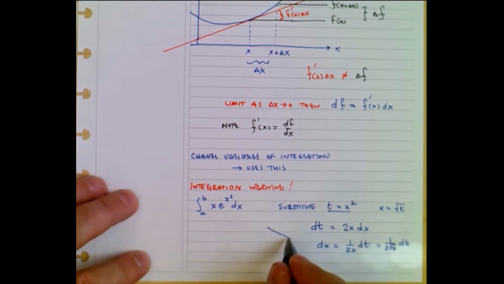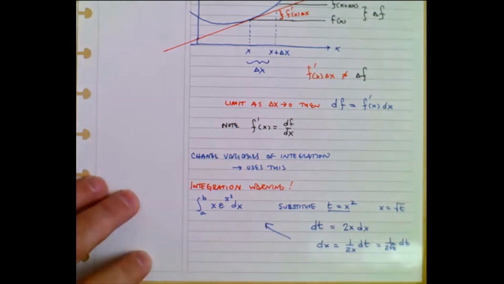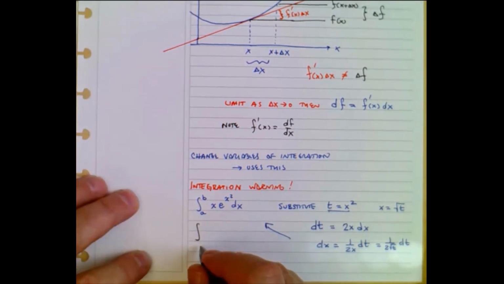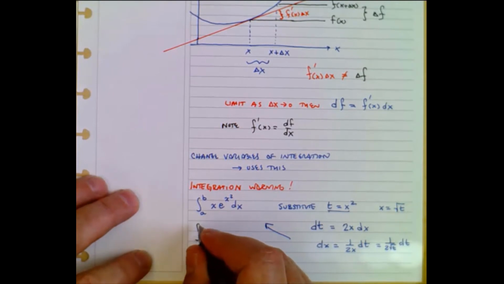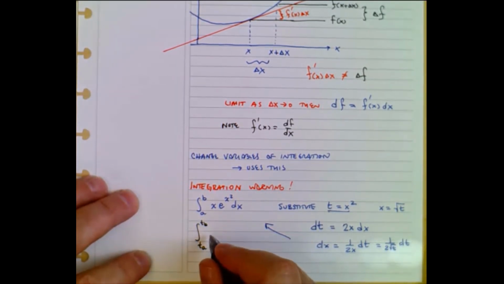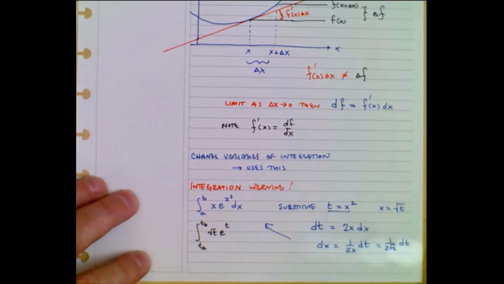And so now I'm going to use this to replace in this integral. This integral now becomes an integral between two times that correspond to xa and xb. X is the square root of t. This exponential becomes e to the t. And then dx is replaced by dt over 2 times the square root of t.